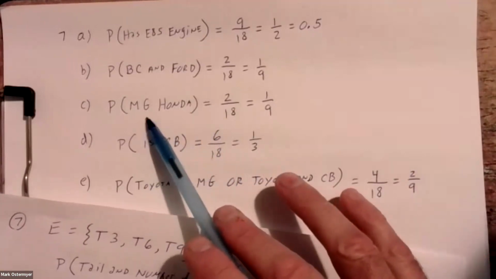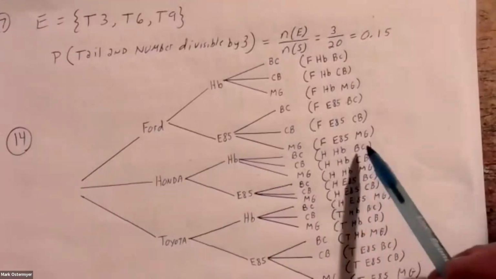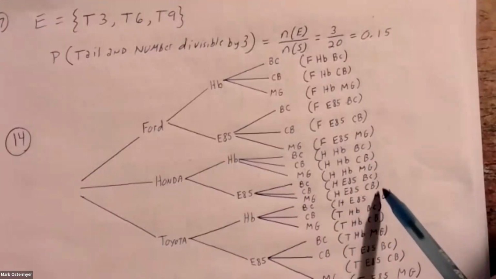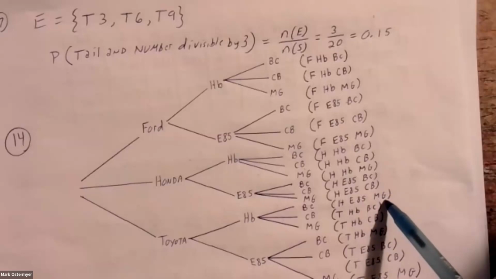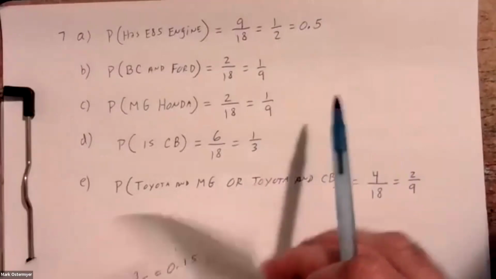Probability of selecting a metallic green Honda. Well, how many metallic green Hondas do you got? Honda, metallic green. Again, 2 out of 18. 1/9.